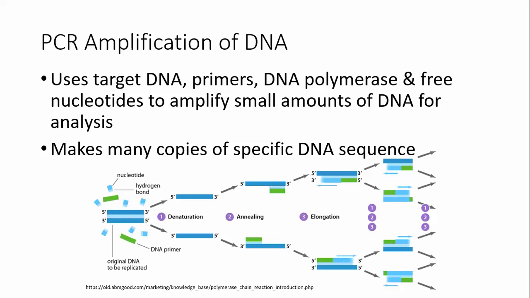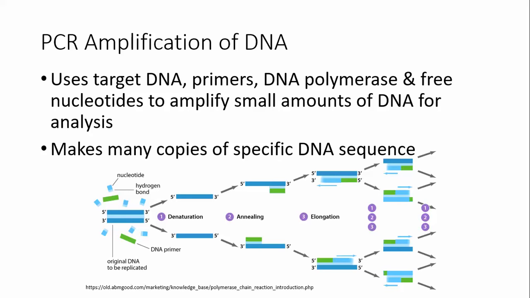Let's say you've got 20 or 30 copies of a specific region of DNA, but you need a lot more than that, because you're going to try and do some bacterial transformations. You're going to try and insert that gene into a plasmid or a virus. Or you're trying to do some gene sequencing. Well, you can do that if you use PCR.